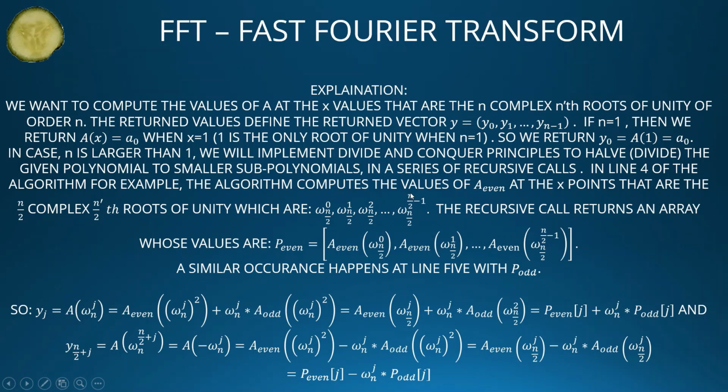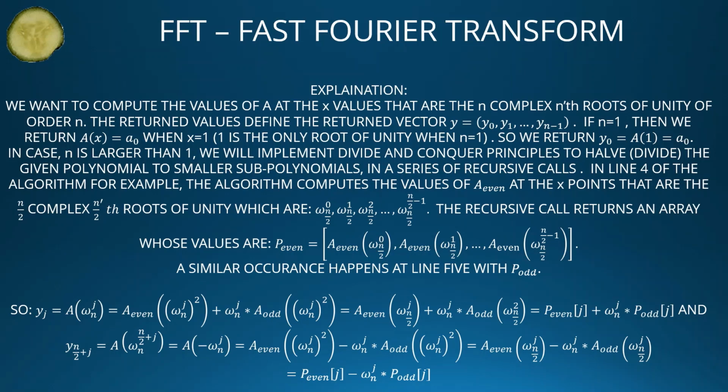The recursive call returns an array whose values are p even equals A even of this nth root of unity all the way to this. A similar occurrence happens at line 5 with p odd.